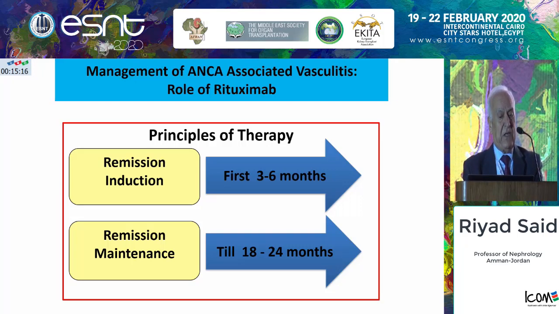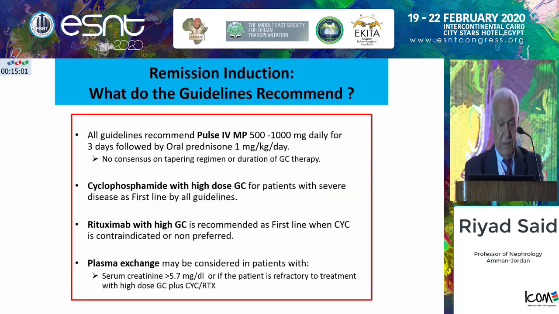How do we manage ANCA-associated vasculitis, and where is the role of rituximab? Well, the principle of therapy is remission induction, for the first 3 to 6 months, and then remission maintenance, which needs between 18 and 24 months.